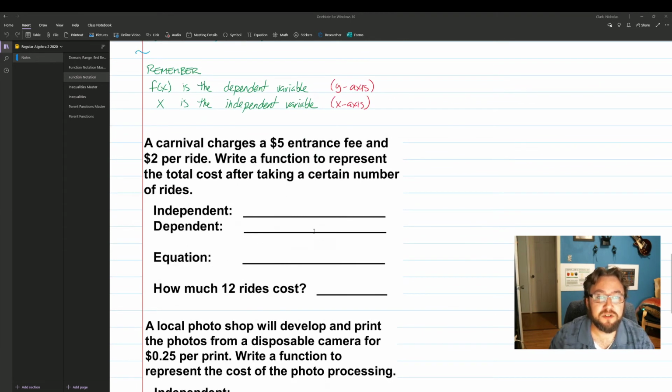A carnival charges a $5 entry fee and $2 per ride. Write a function to represent the total cost after taking a certain number of rides. So the independent, the thing that doesn't depend on anything, is the number of rides I take. Let's go ahead and write that in there, number of rides.